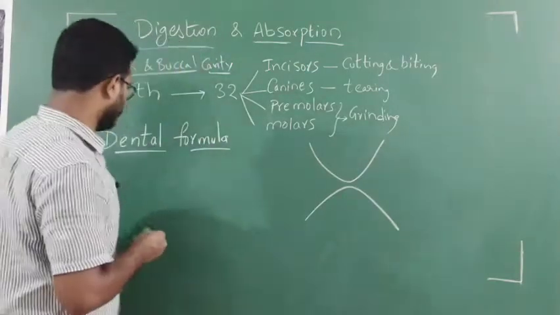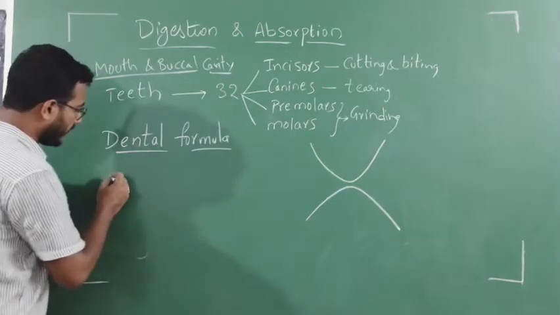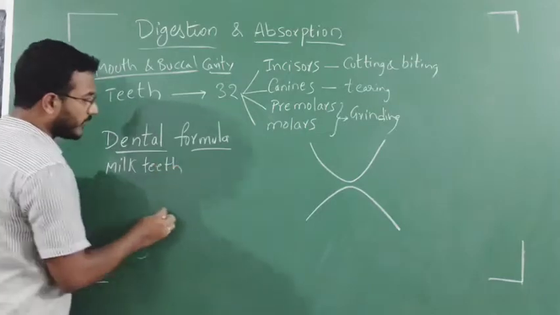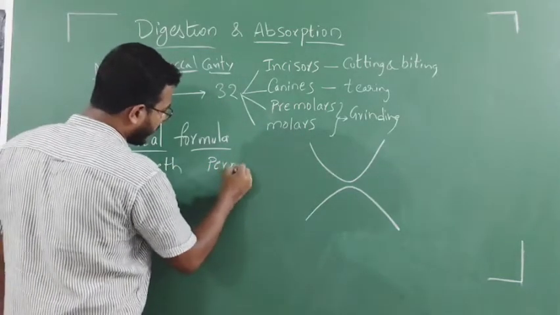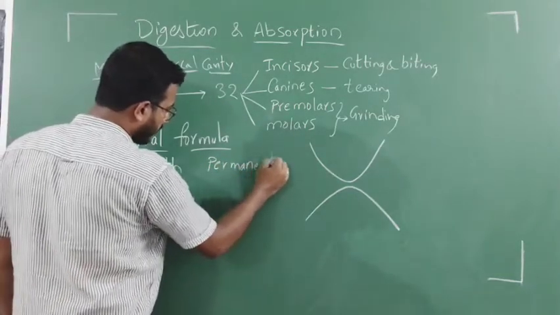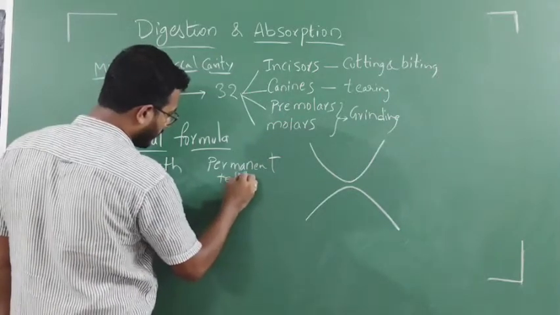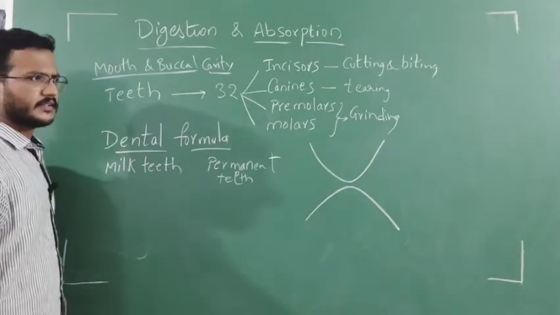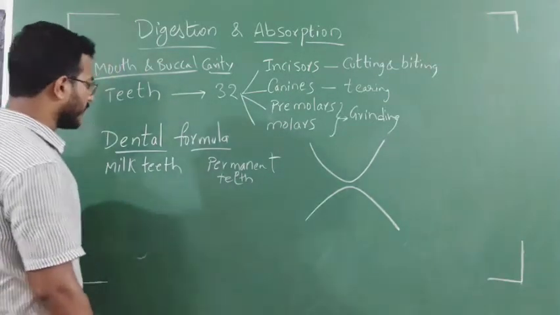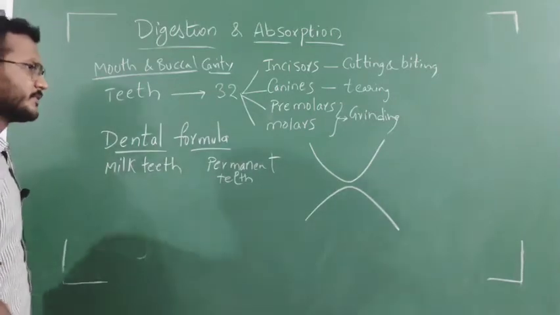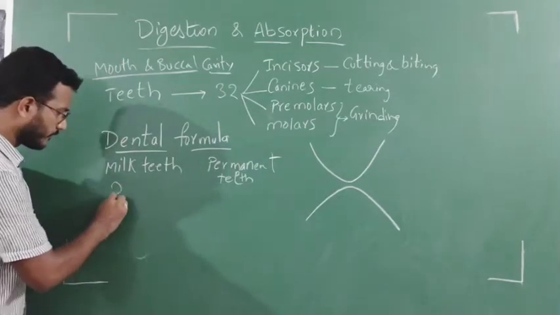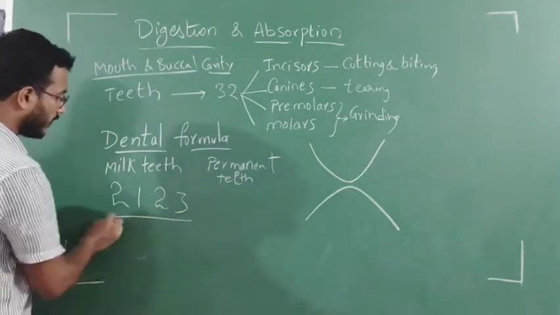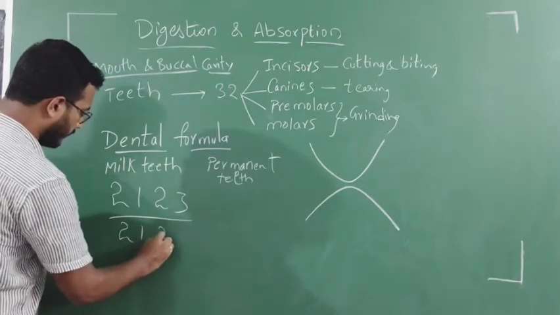So the dental formula of the milk teeth is different, and the dental formula of the permanent teeth is different. The milk teeth dental formula is 2 1 0 2 by 2 1 0 2.